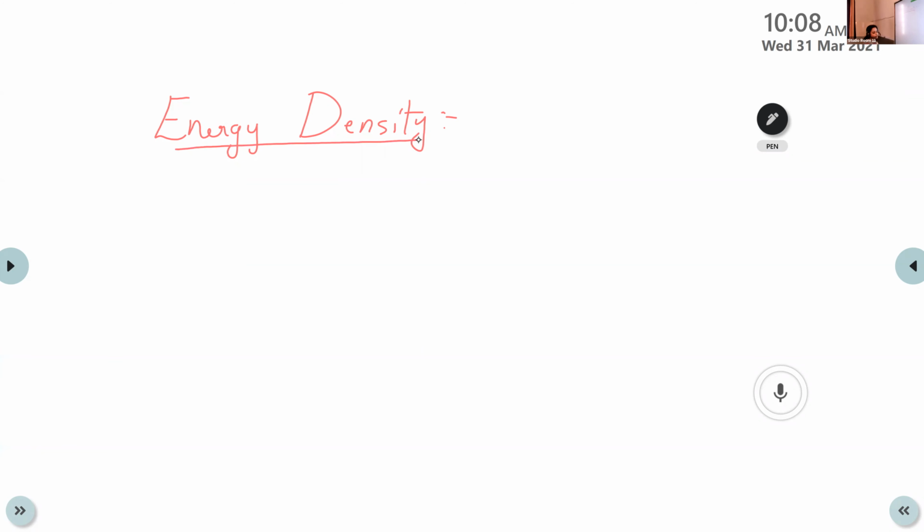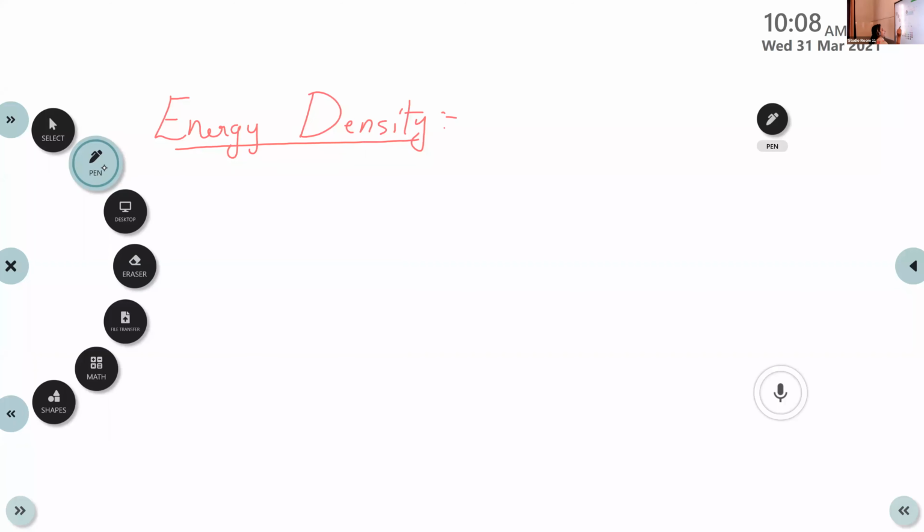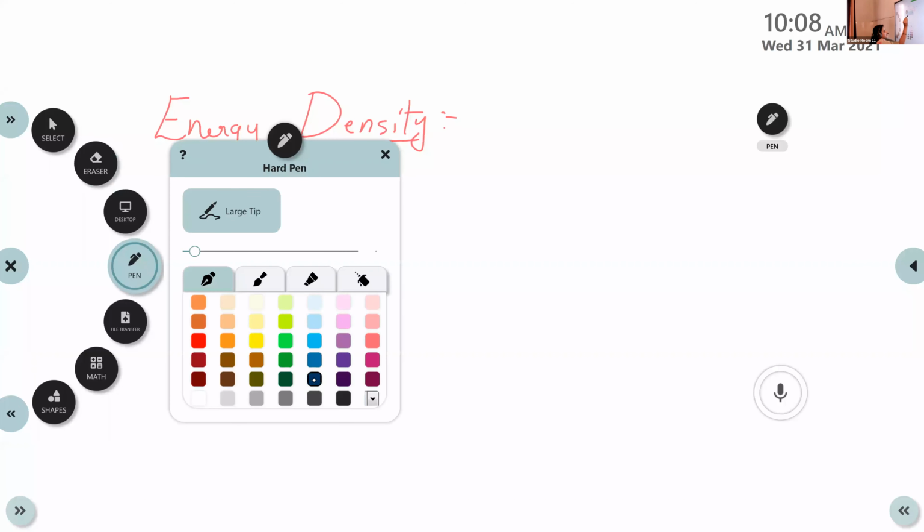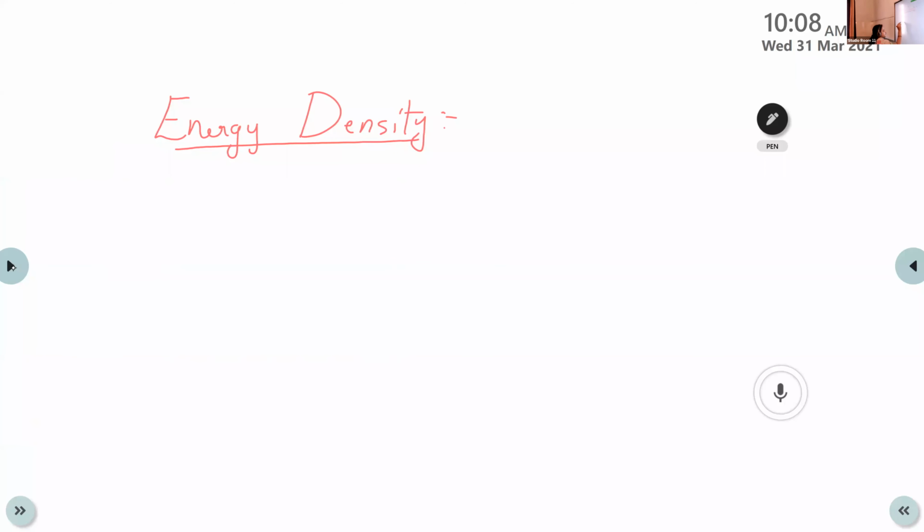And write the definition for this energy density. Energy density is defined as the energy stored per unit volume.